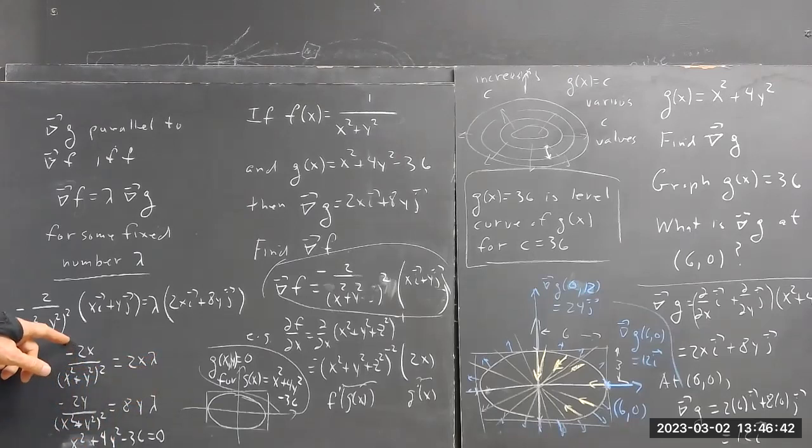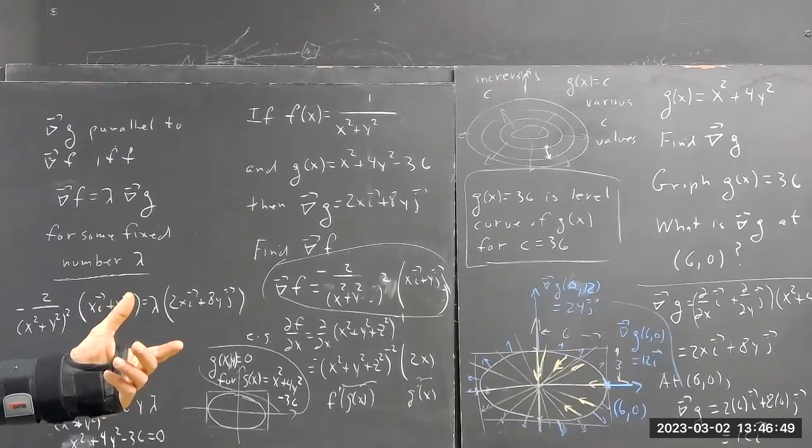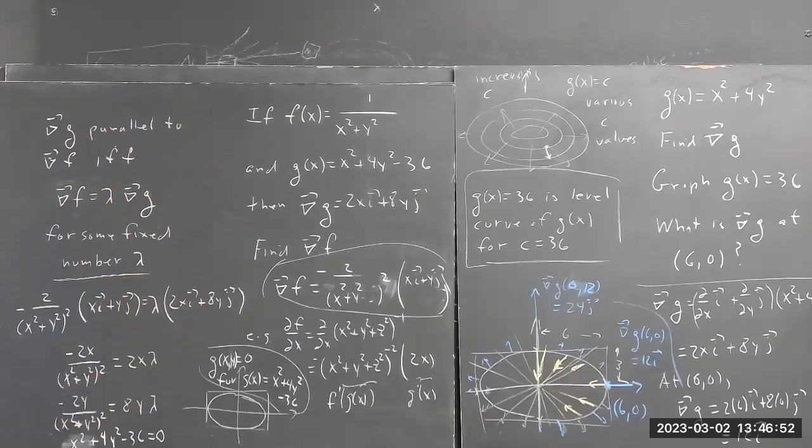Lambda is going to equal 1 over x squared plus y squared, squared. x is 6, y is 0. That's going to be 1 over 1296. So lambda is 1 over 1296. And if x is 6 and y is 0, this one's automatically solved. You get 0 equals 0. Okay, so there's a solution.